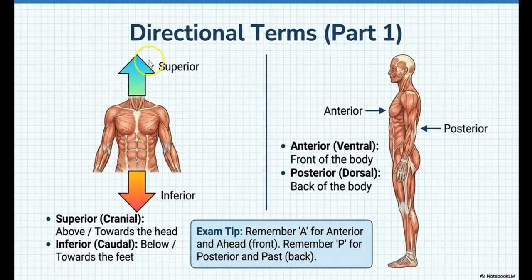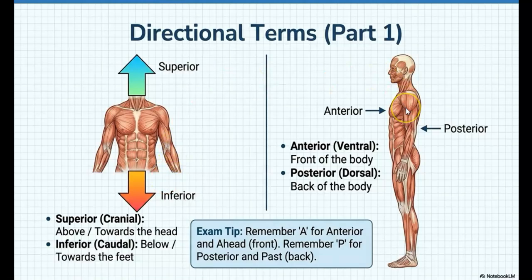Superior means towards the head or above. For example, the head is superior to the chest. Now look at the downward arrow. Inferior means below or towards the feet. For example, the knees are inferior to the hips.